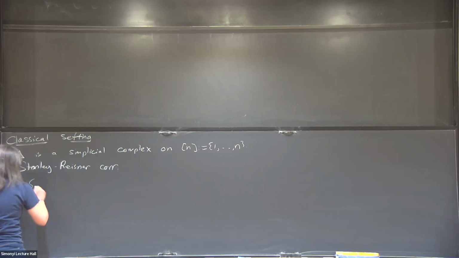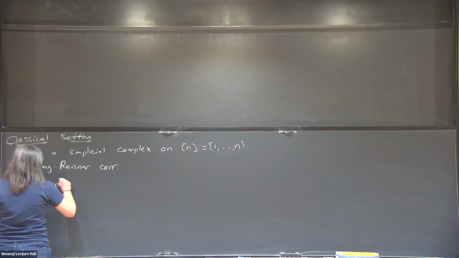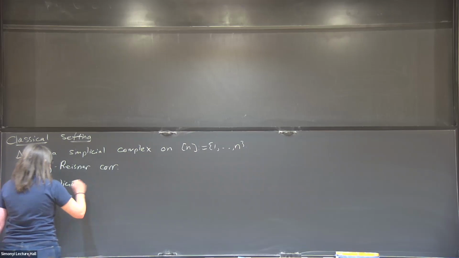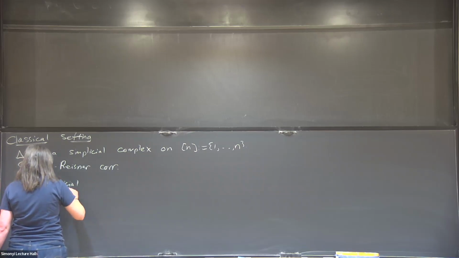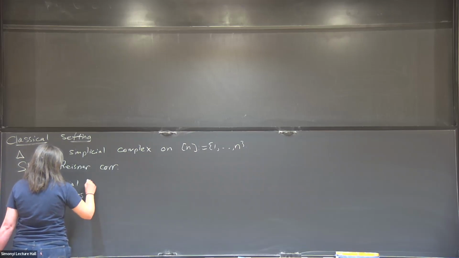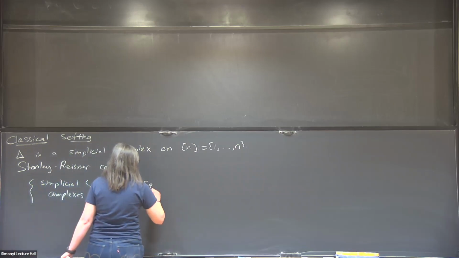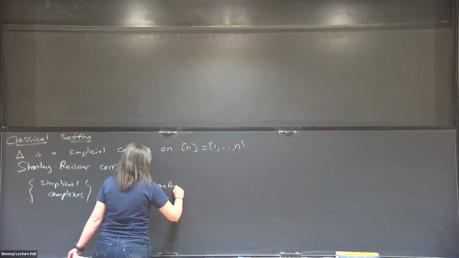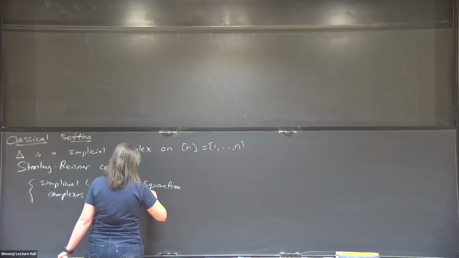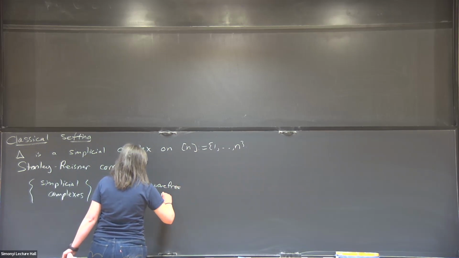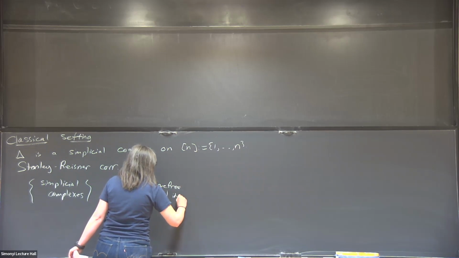So, simplicial complexes and square-free, otherwise known as radical, monomial ideals.